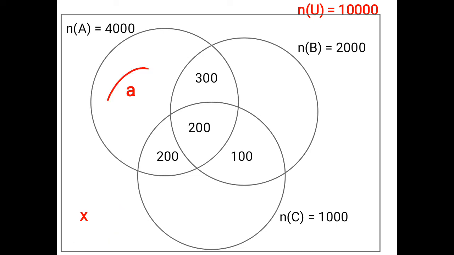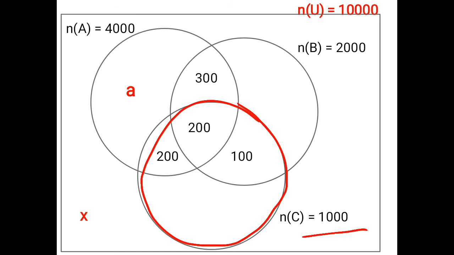Then A only, which the question says I should find, so I use A to represent, is also here. These two sides I can use letters to represent, but because I was not asked to find them, I can easily write the answer there, because I know when I add the whole of this circle, it should give me 1000.